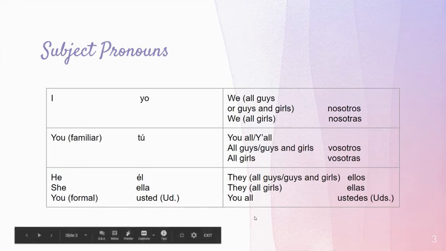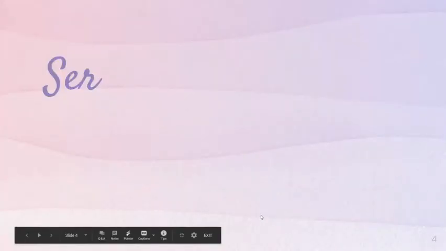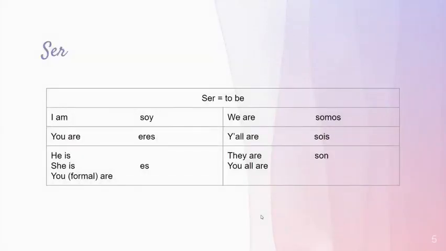So we're going to talk about ser now, and it'll be important to think back to our subject pronouns when we look at the verb chart. So hopefully you remember that ser, the verb, means to be.